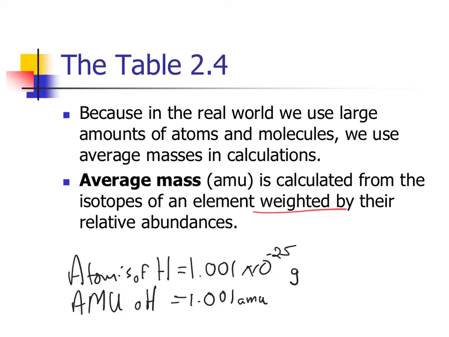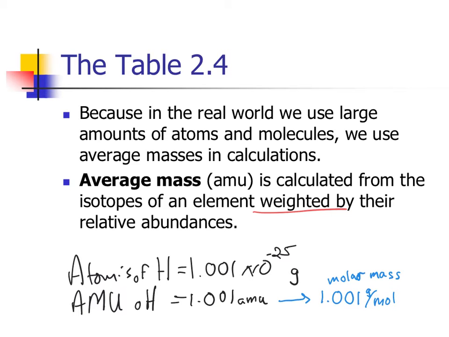Now, I'm not a super big fan of AMUs. At this point in what we're doing, they serve their purpose and that's about it. Later on, in say Unit 4, we will move over and have a different label of grams per mole, and that's what's called the molar mass. For us at this point, we're not going to be worried about the molar mass.